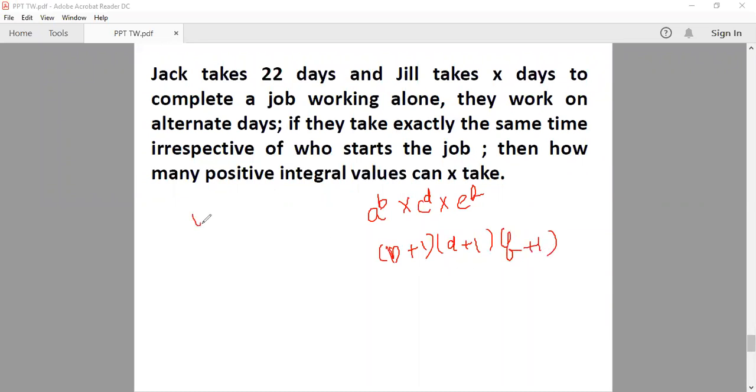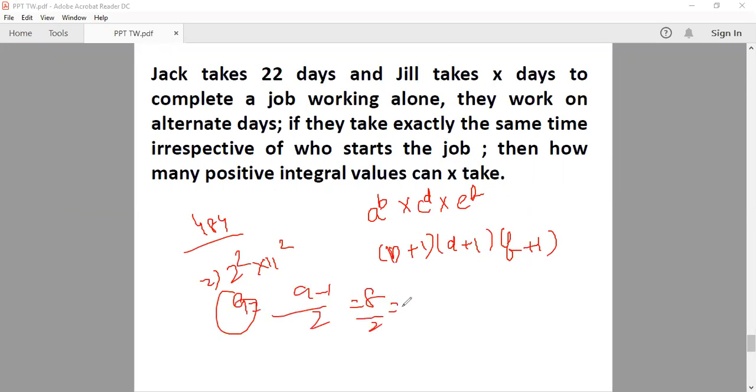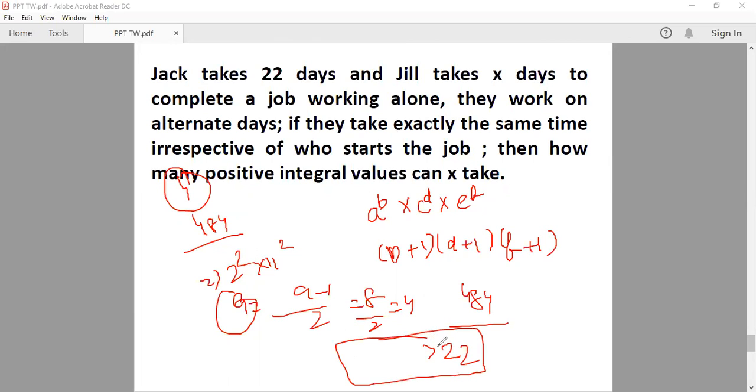Answer for this question is 484 के जितने भी factors हैं. What are the factors of 2 square into 11 square? 9. 9 minus 1 by 2 यानी 8 by 2 यानी 4. 4 is the answer for this question. 4 values. Which are those 4 values? All the factors of 484 which are greater than 22 are those values. ठीक है?